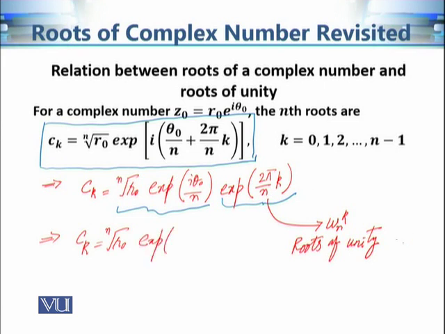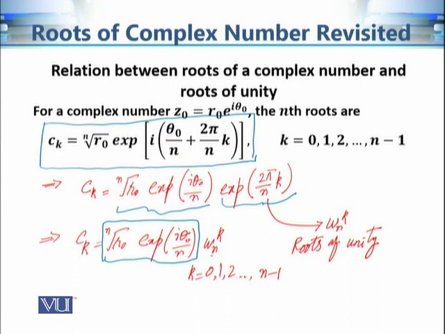So in other words, whenever we have nth roots of a given complex number, we can write them down in the following way: this expression multiplied with the nth roots of unity. Now this in particular is just one nth root of this complex number z0.